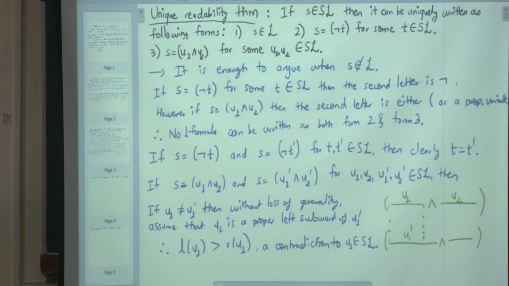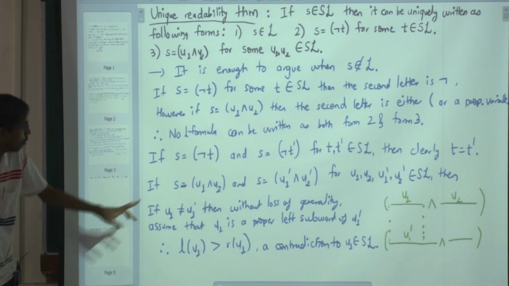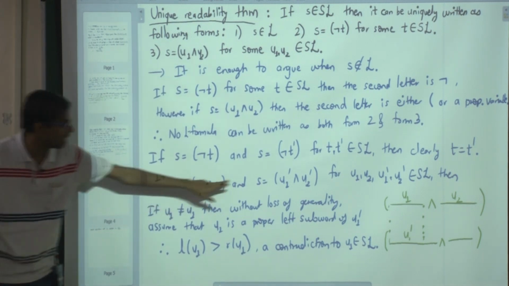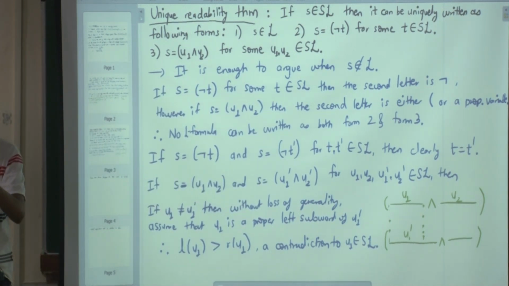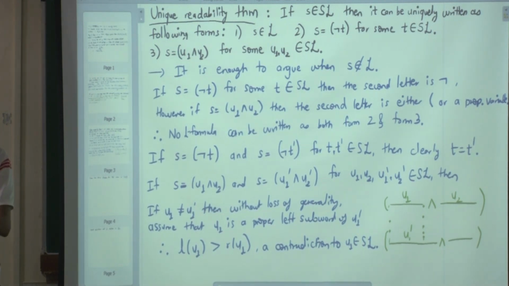They are formulas only. If they are formulas, then either their lengths are equal or their lengths are different. If their lengths are equal, then we are done. Right? If their lengths are equal, then you go only that much length. The formula is still the same. See, this is S, this is S. So therefore, if the lengths are equal, then U1 is equal to U1 prime.